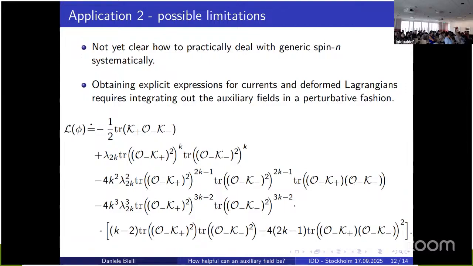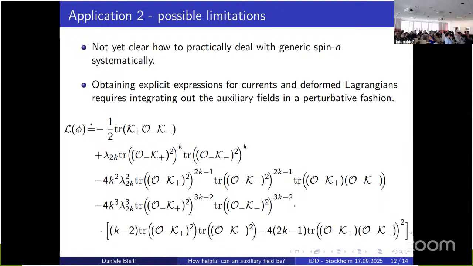So in principle, you know how to do it, but it is not clear yet how to systematically do it for arbitrary n, because the set of equations that you need to deal with becomes larger and larger and more complicated. So in principle, it gives you a recipe, but practically speaking, it's not clear how to do it. We managed to do it for some subclasses of deformations, also obtaining explicit expressions.